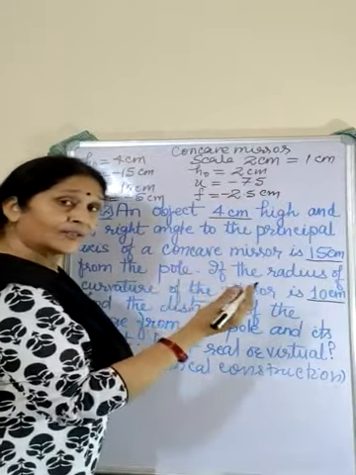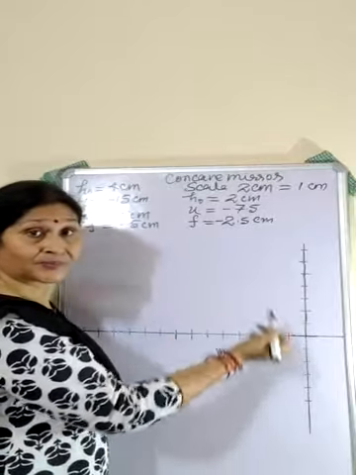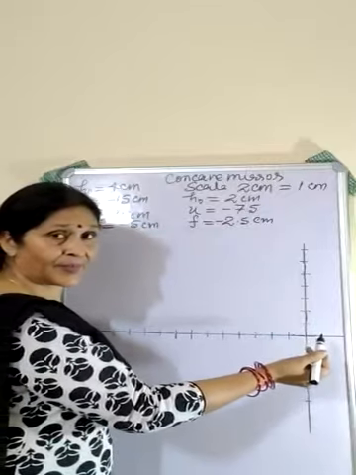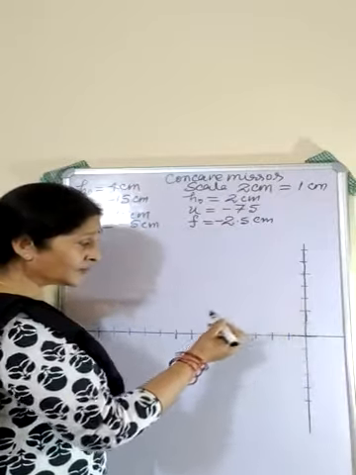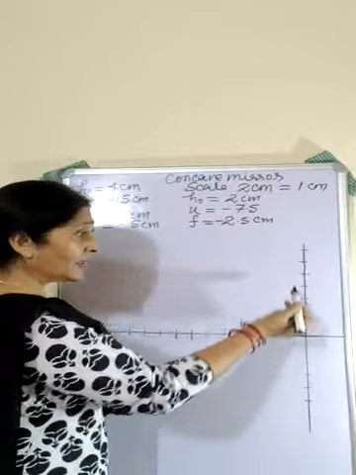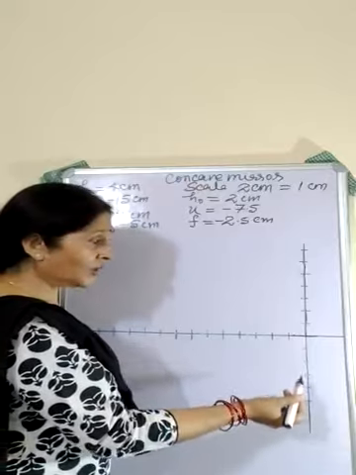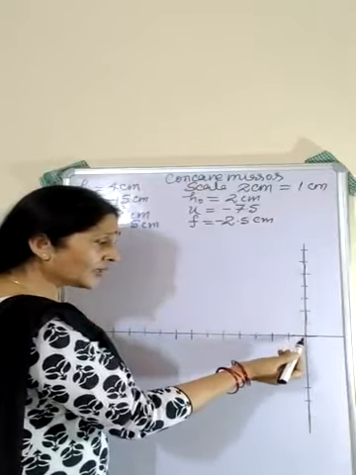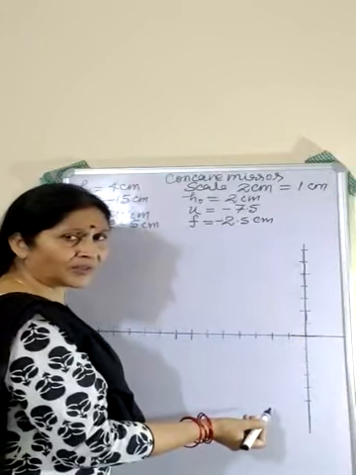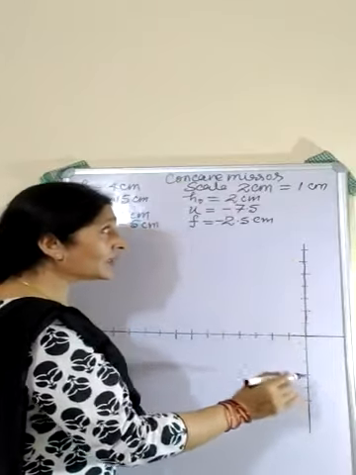Now let us draw on the paper. This is your graph paper. Understand? I have taken only coordinate axes because the ray diagram formed here will be visible to all of you. We have to draw a straight line for the mirror. Although you can also use a dotted line for the mirror, only a straight line you have to take as a mirror.